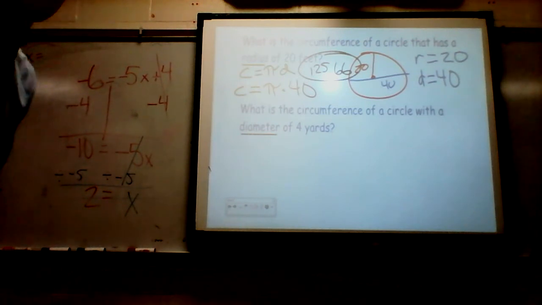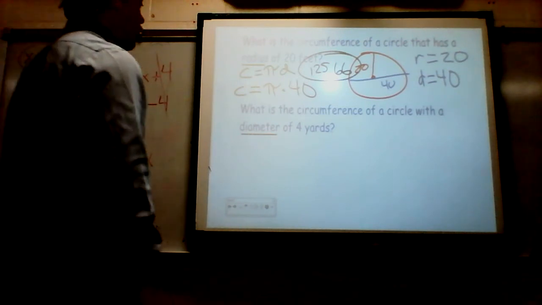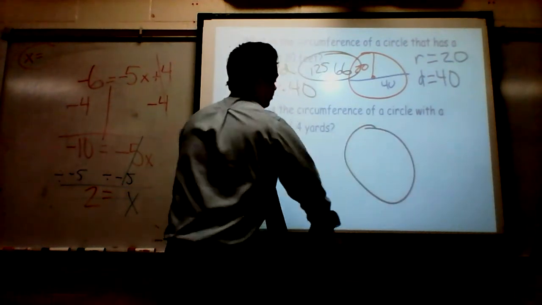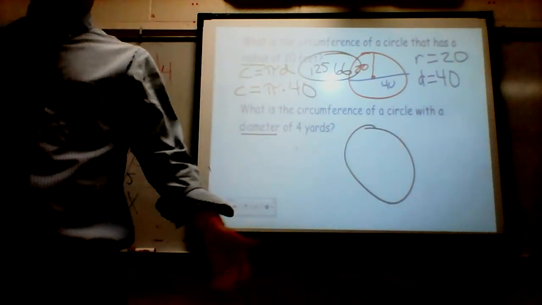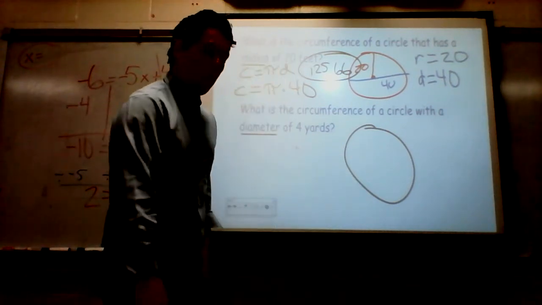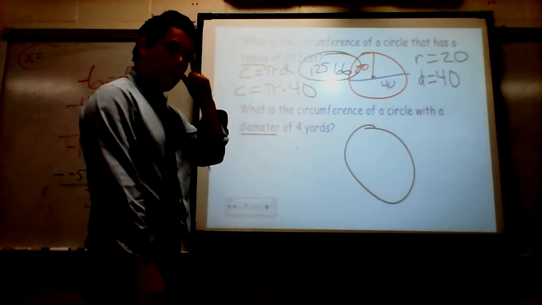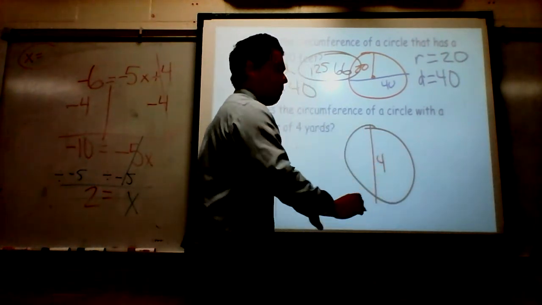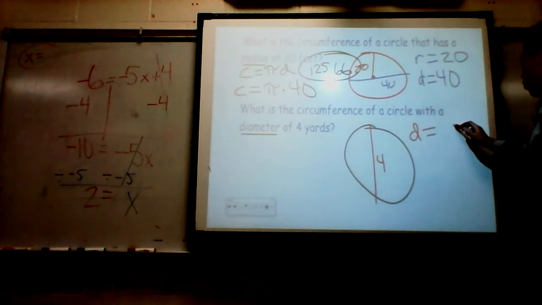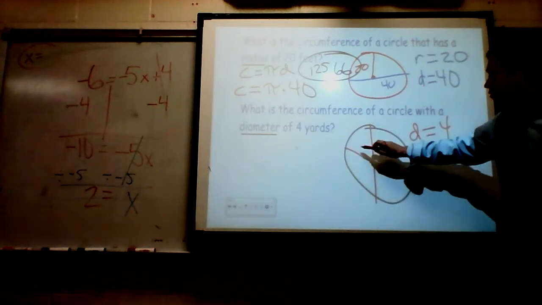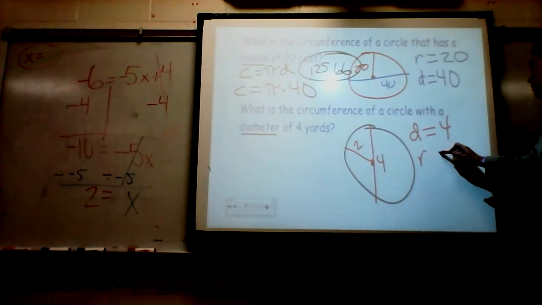Number 2, what is the circumference of a circle with a diameter of 4 yards? Again, got a circle. You've probably seen circles since you were 2 years old. Not that difficult. Diameter of 4. Okay, diameter, that passes through 2 points. So I have a diameter of 4. If my diameter is 4, my radius is half of it, so my radius has to be 2.